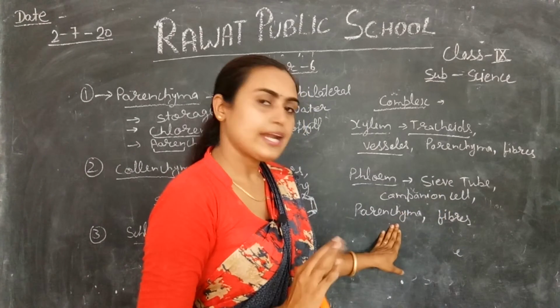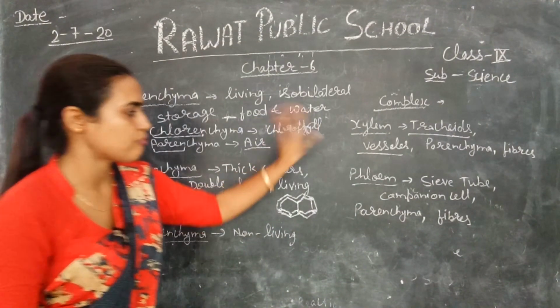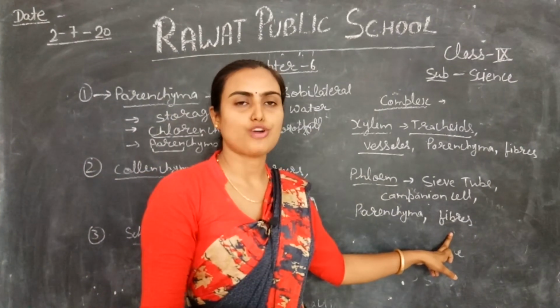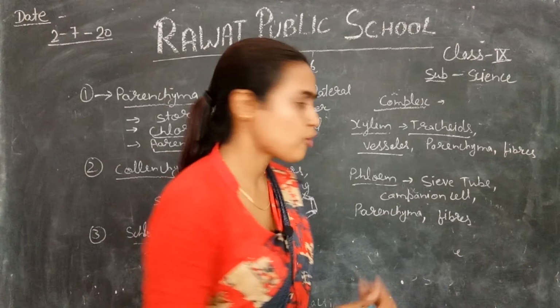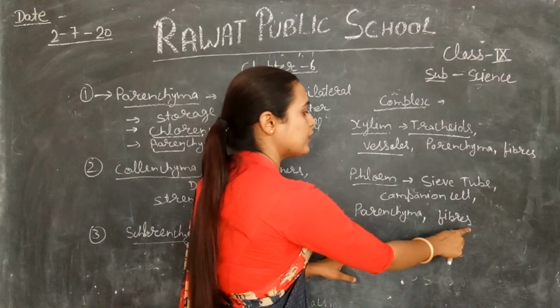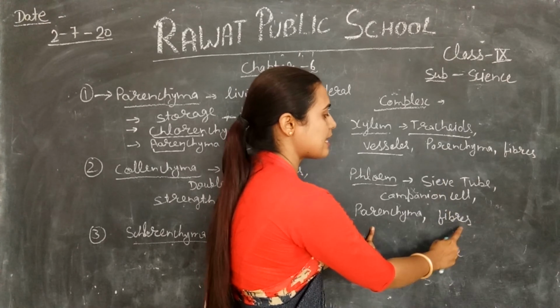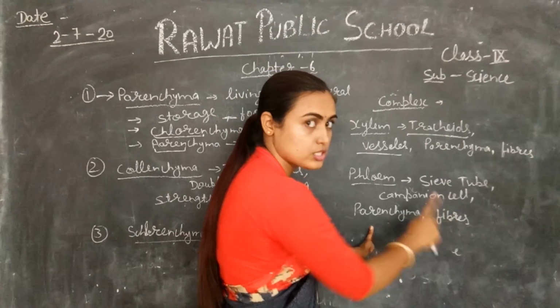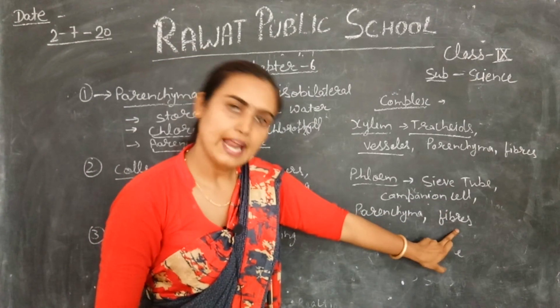Right? And parenchyma is the same, storage of food and water, and fiber, because it is non-living, provides protection to the phloem. In phloem, only parenchyma is living, and sieve tube, companion cell and fiber are non-living.